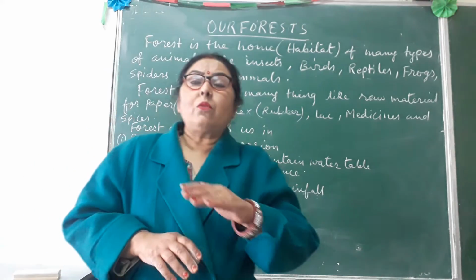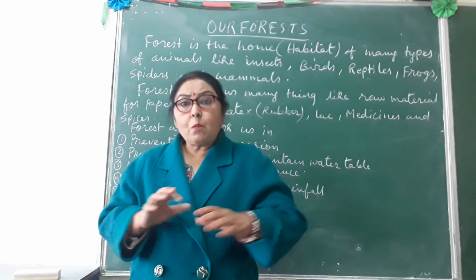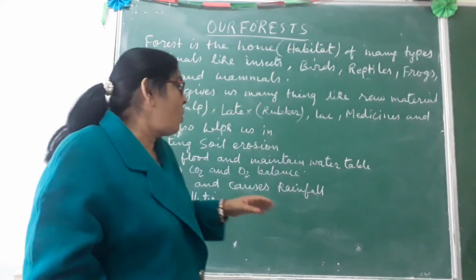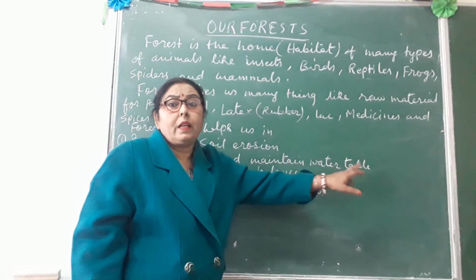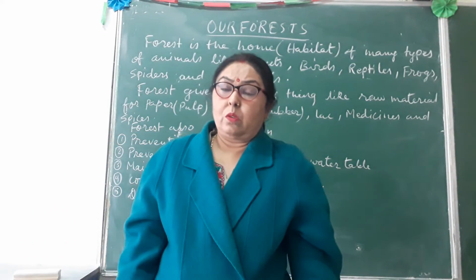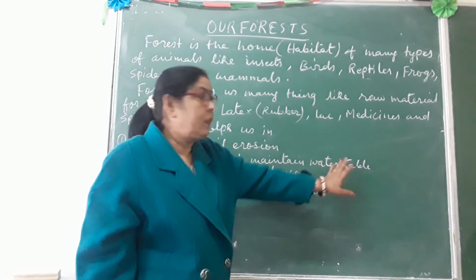But as we know, there are many types of soil according to the rocks present there. So we have water at different levels below the ground, and these levels are called the water table.